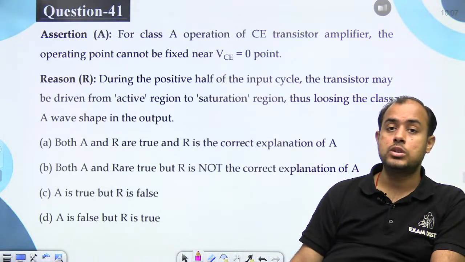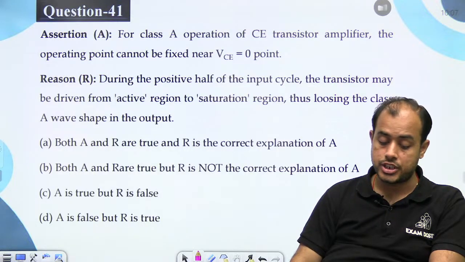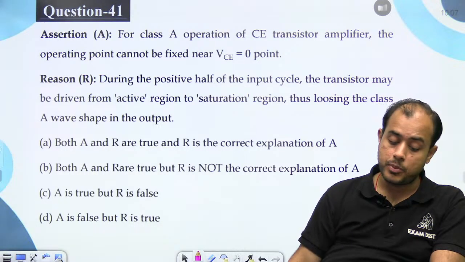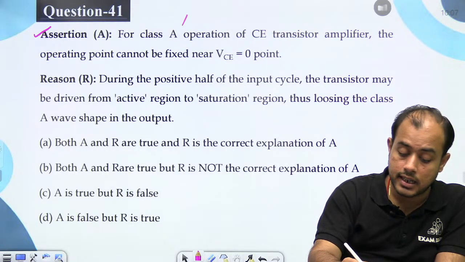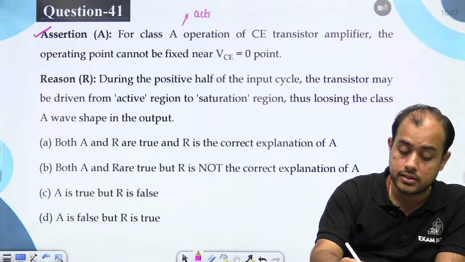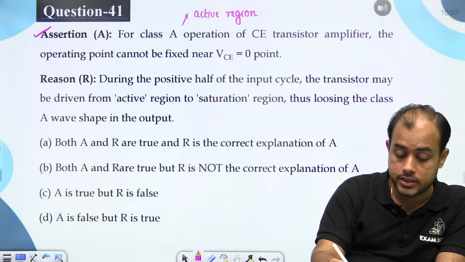Again, ESE 2011, for a class A operation, the operating point cannot be fixed near VCE 0. Class A is in active region. This is saturation.